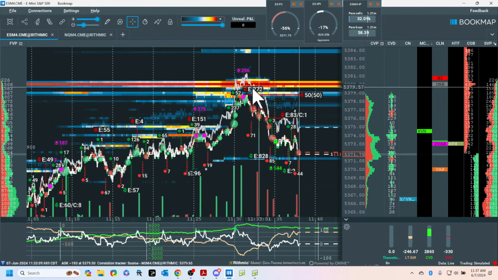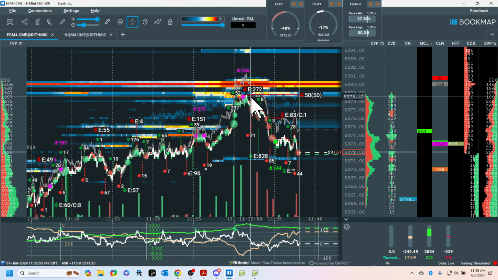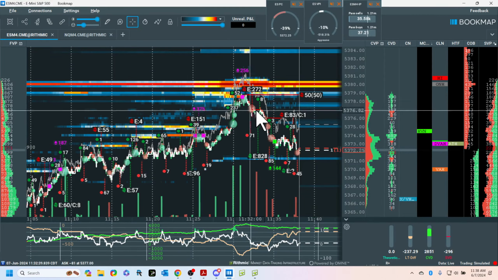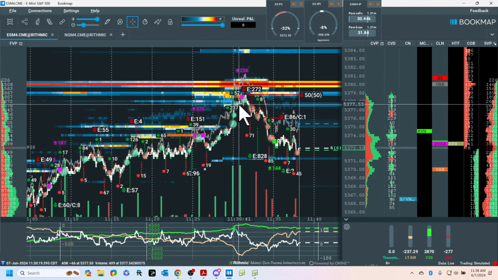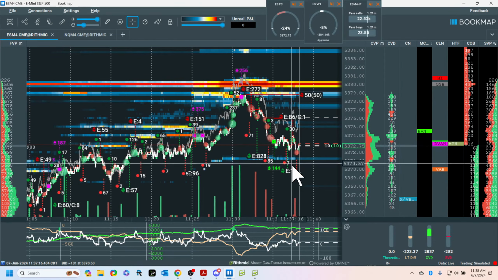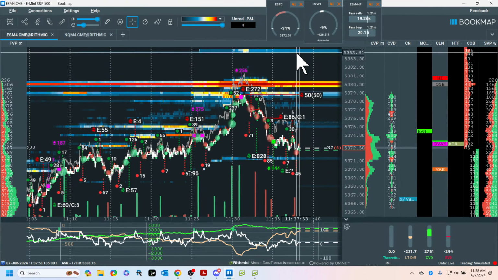Potentially, you notice this is where the profit was. What does your indicator tell you? Order flow told us to be out here. Now, it may just pull back and keep going. Doesn't matter to me.